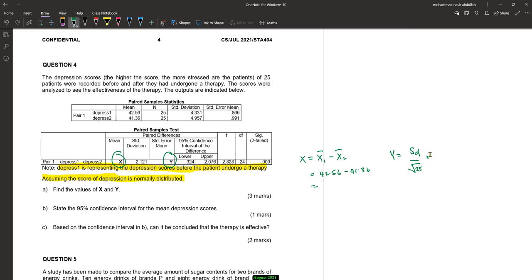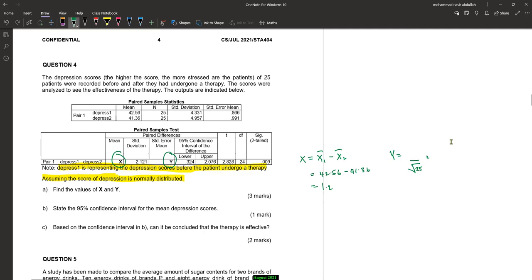X is equal to 1.2, right? Good. Y should be what? SD, what is the SD?